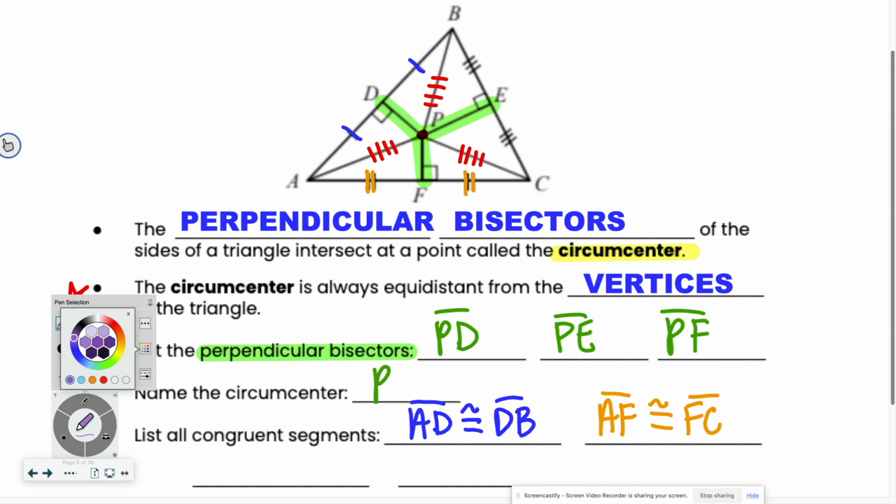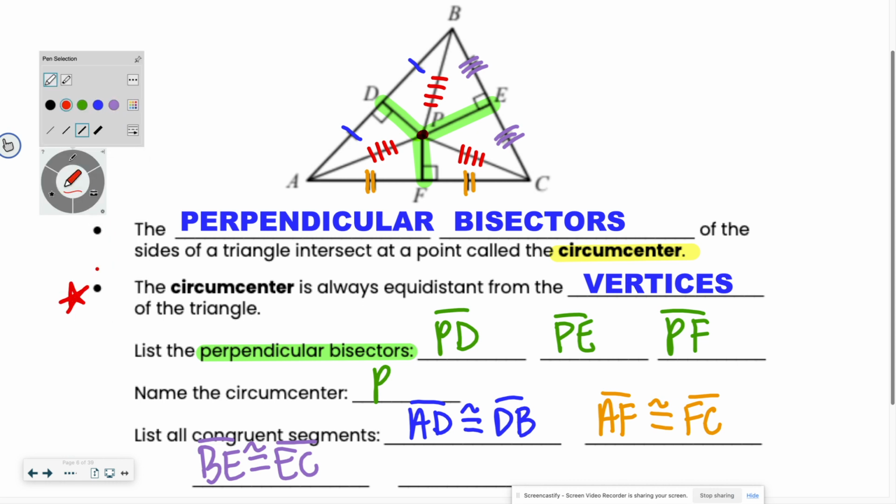So we should have 2 equal halves like it says. Let's go purple. And our third side of our triangle, BE is congruent to EC. So we went around all 3 of our sides that were cut in half. And now the last piece was this little nugget of information right here.